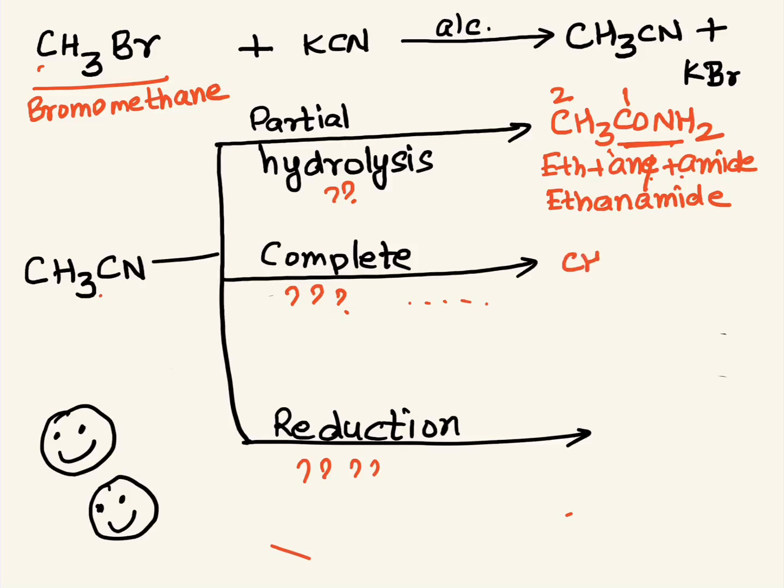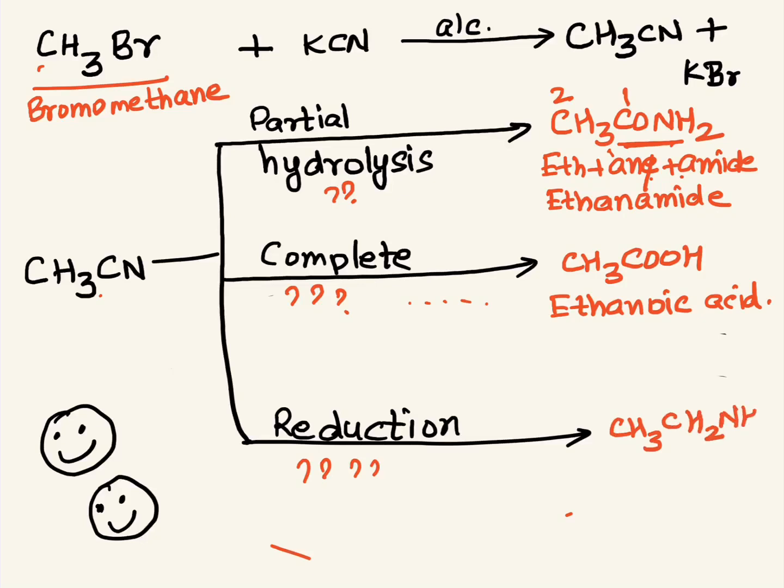You see, we started with 1 carbon, we ended with a compound having 2 carbon atoms. Go ahead. Complete hydrolysis, CH3COOH. Again, IUPAC name of this compound, ethanoic acid, right? Reduction, CH3CH2NH2. You got them all right? Lovely, beautiful. 2 carbon atoms, so eth, saturated, ane, NH2 group, amine.